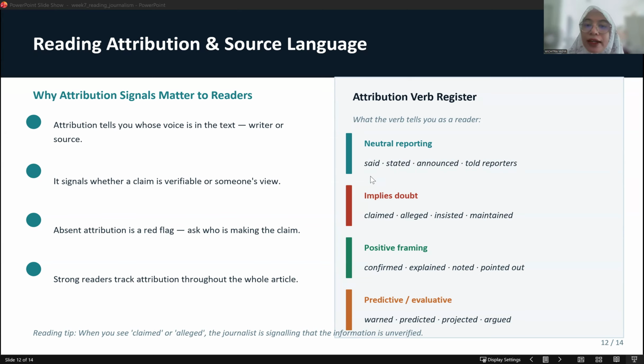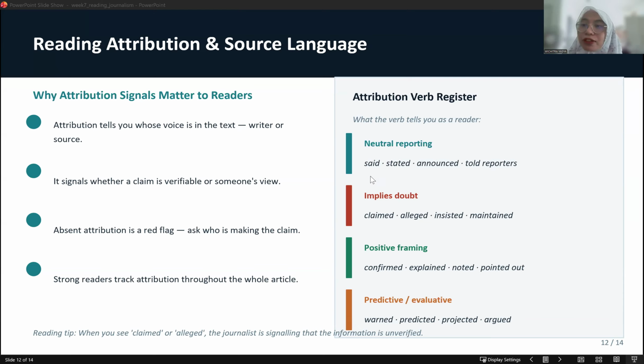But if the words are claimed, alleged, insisted, maintained, it implies doubt. So the journalist doesn't really believe what the person or his source is saying. But if it's confirmed, explained, noted, pointed out, this is what the journalist wants you to know.